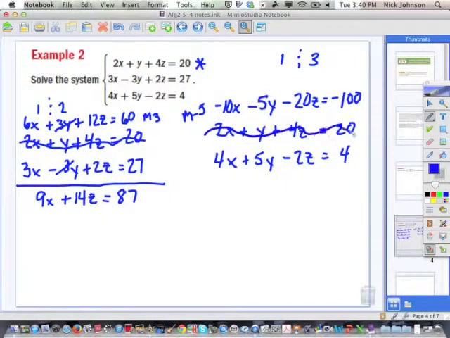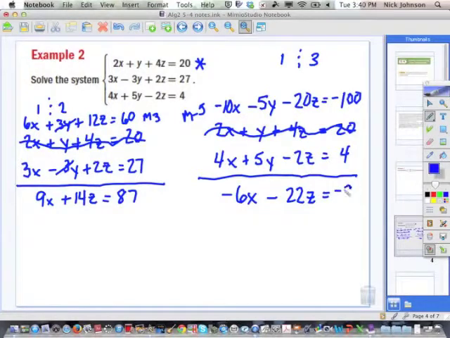So that's like this ain't there anymore. So when I add these two together, I'm left with a negative 6x minus 22z equals a negative 96.